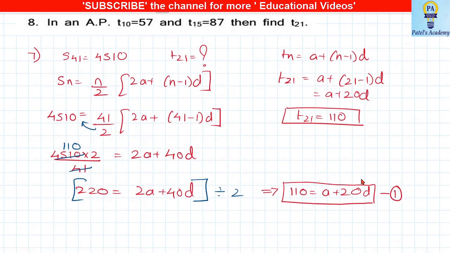The 8th one, okay, what they have given over here is the 10th term. Okay, let me write over here. Then I'll take the screen down. The 10th term is given as 57 and the 15th term is given as 87. Okay, so let's see how do we do it.